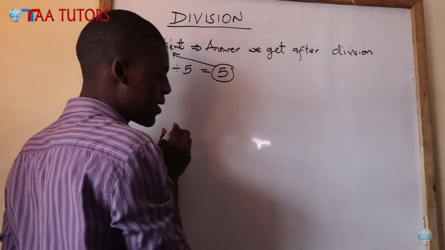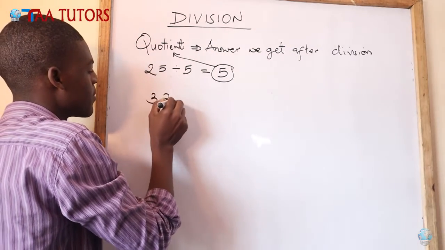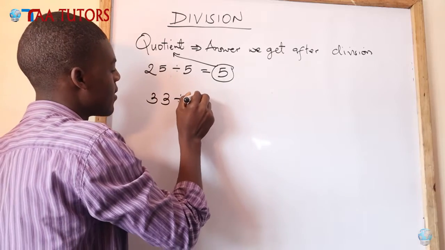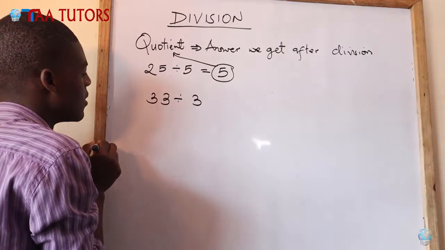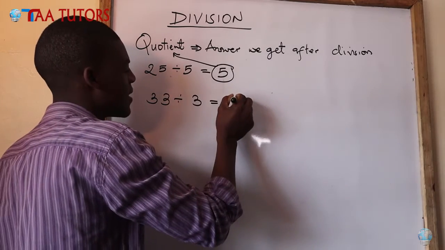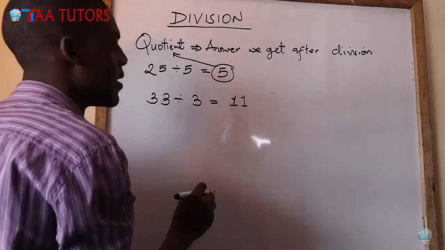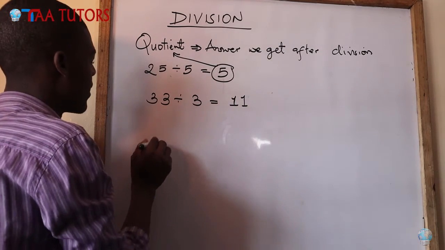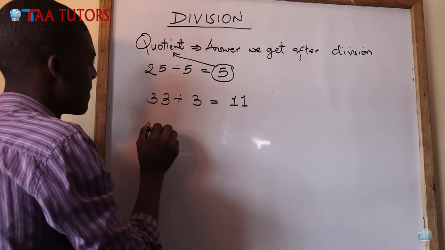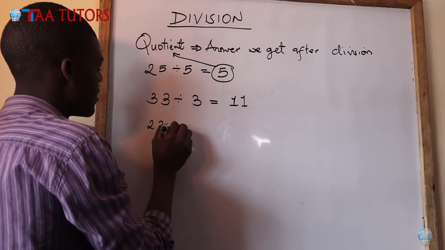Another example, we have 33 divided by 3. 33 divided by 3, the answer is 11. This one is easy. Another one, let's take 22 divided by 11.